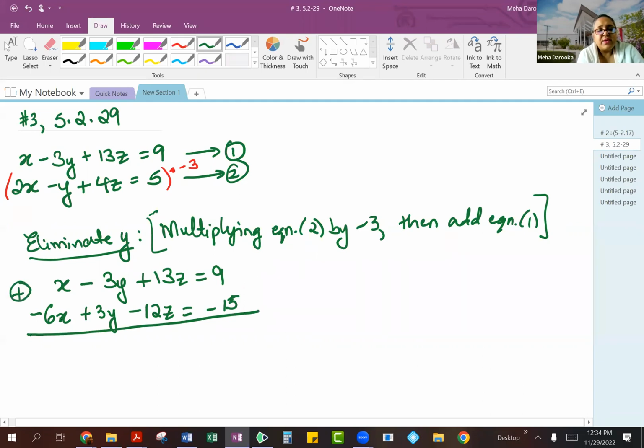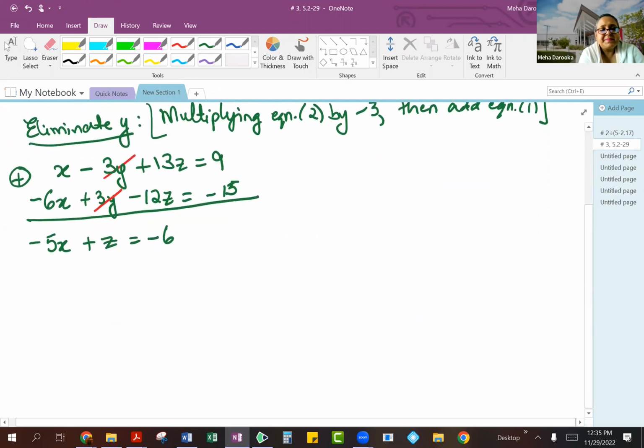So now you will see when we combine these, our y cancels out. X will stay back, which is what we wanted again. So this guy would be -5x over here. Plus 13 minus 12 will, of course, just give us +1z. And then 9 minus 15 will end up giving us what? -6. Okay, this is what we were looking for.